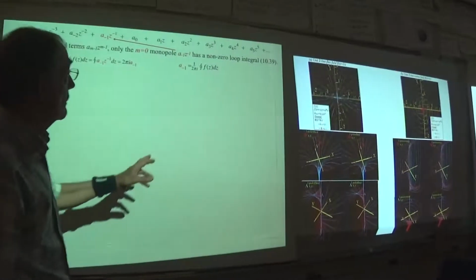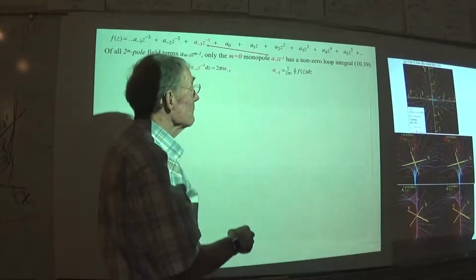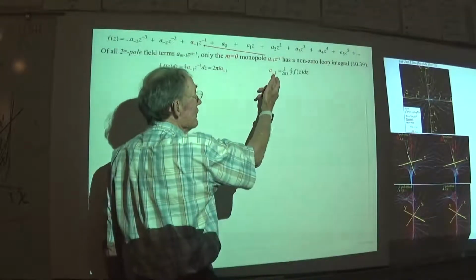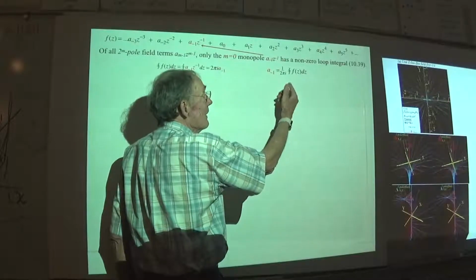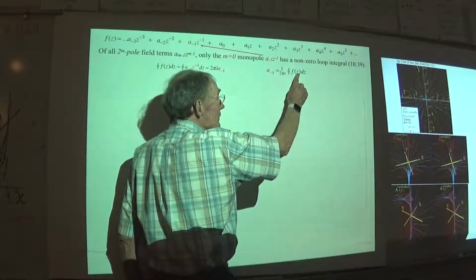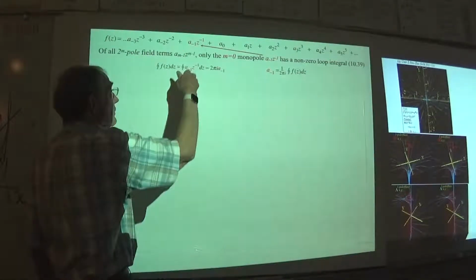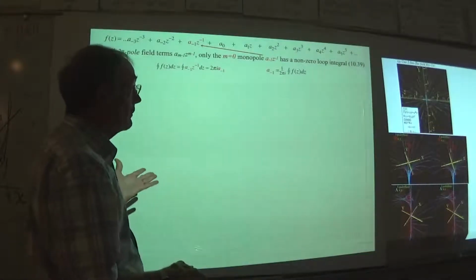And the loop integral of any function will simply give you the coefficient of whatever monopole exists in the power law expansion of that function. So this a minus 1 is a key quantity to start us off here.